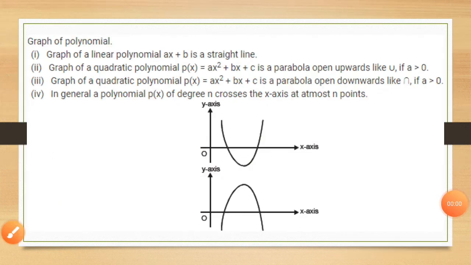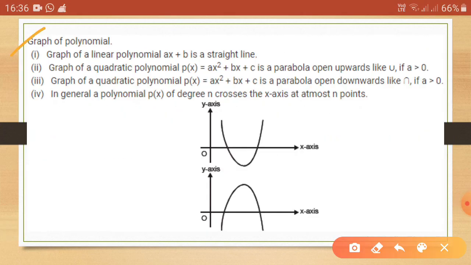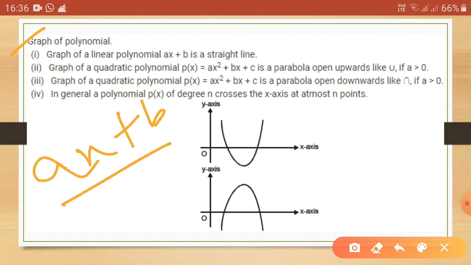Now we will be looking at the graph of the polynomial. We know what a polynomial is. The first one is the graph of the linear polynomial. If the expression is ax plus b, as it has power 1, it is known as a linear polynomial.